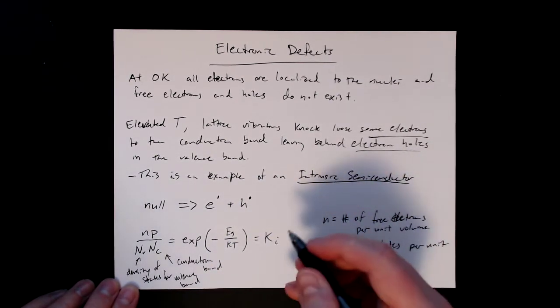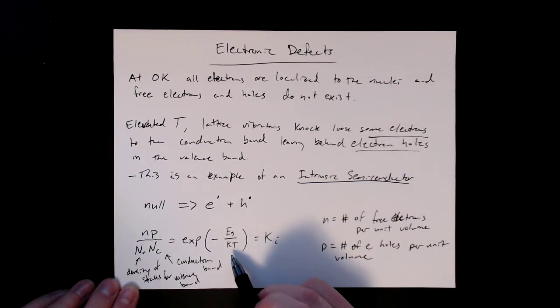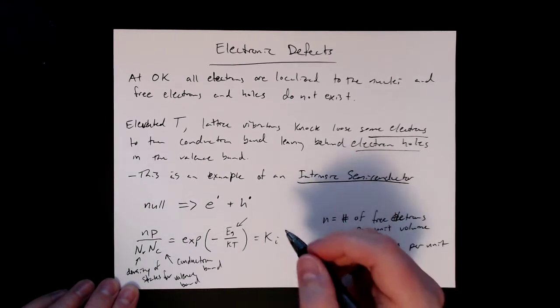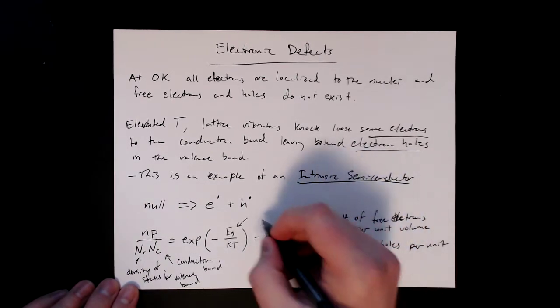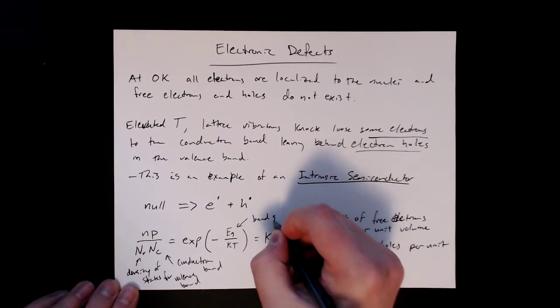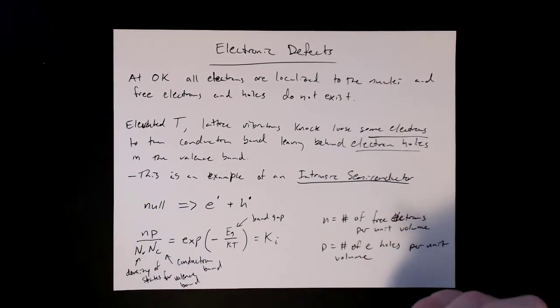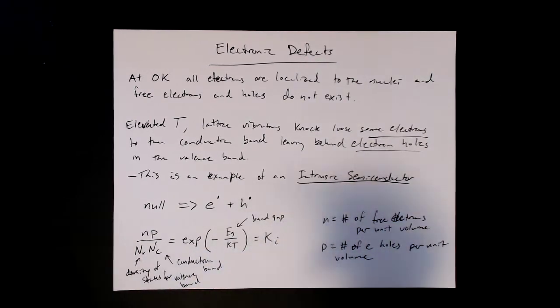And the last thing here, we've already addressed k and T, Boltzmann's constant and temperature. And then this Eg is the energy that must be overcome. This is known as the band gap. You may have heard that before. This is the energy required to go from the valence to the conduction band, the energy required to liberate that electron and leave behind an electron hole.